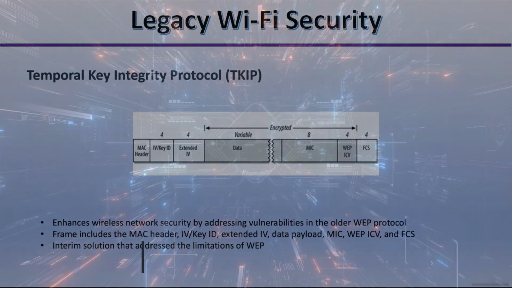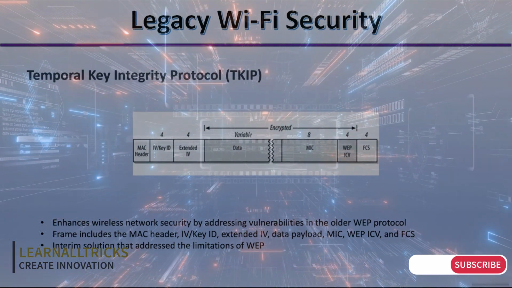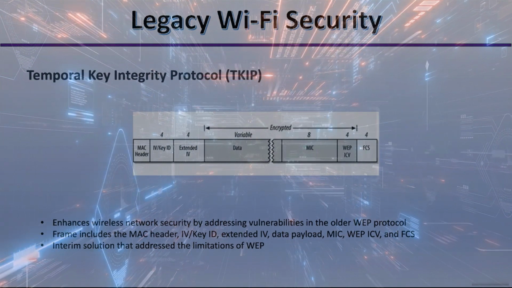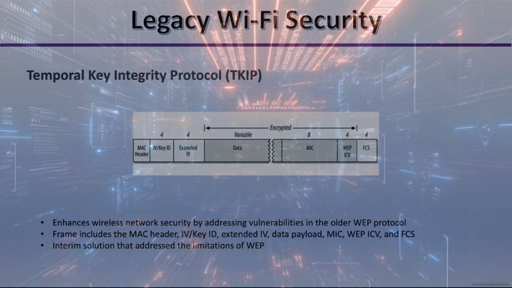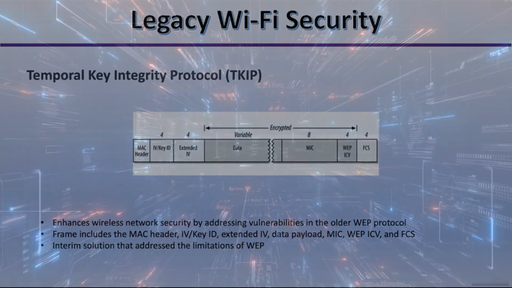Finally, the FCS, or frame check sequence, is a checksum calculated over the entire frame, including the MAC header, data, MIC, WEP-ICV, and other components. It provides a means for error detection and ensures the integrity of the frame during transmission.